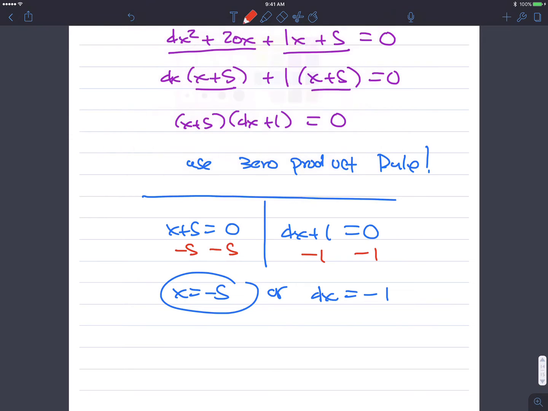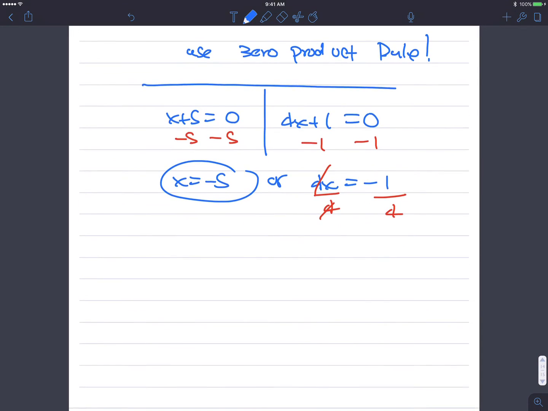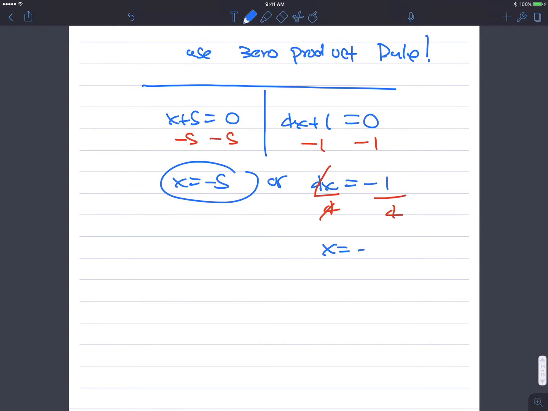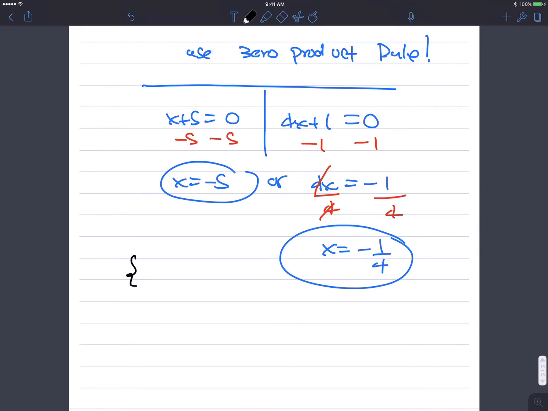We're solving these equations. These are linear, right? What do you get for x now? Is that negative 1/4? Yep, negative 1/4. And as a solution set, again, negative 5 comma negative 1/4. You're done.